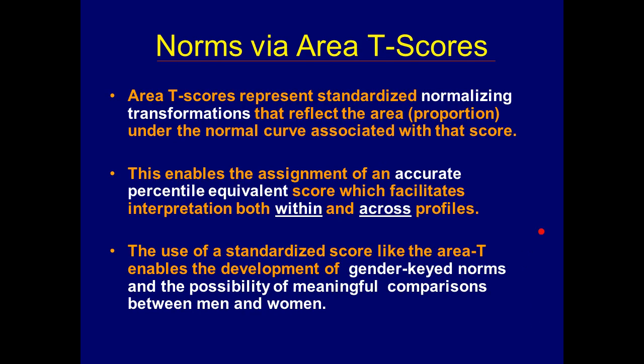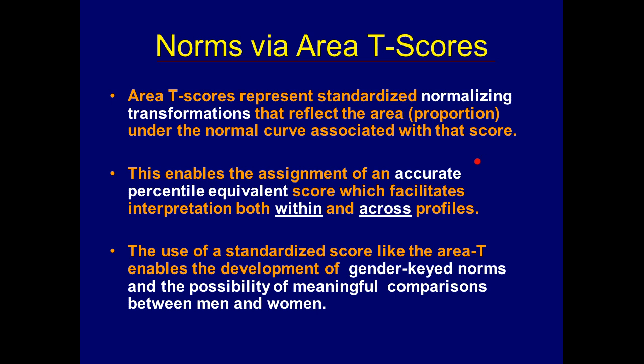Now, all the instruments in the checklist series use area T-scores for the norms. And area T-scores represent standardized, normalizing transformations that reflect the area or proportion under the normal curve associated with that score.